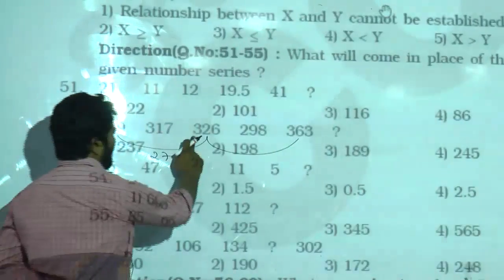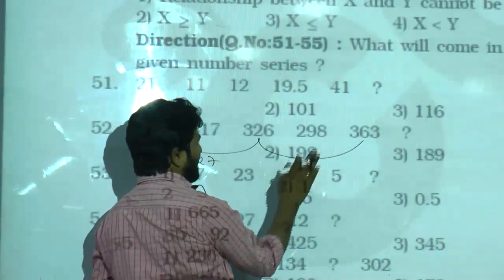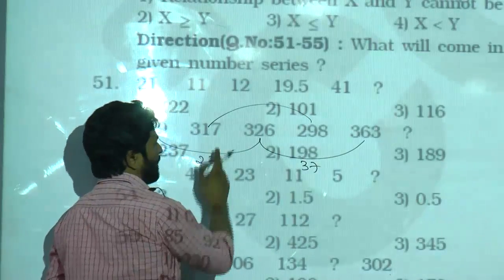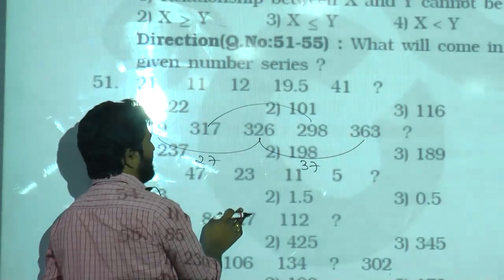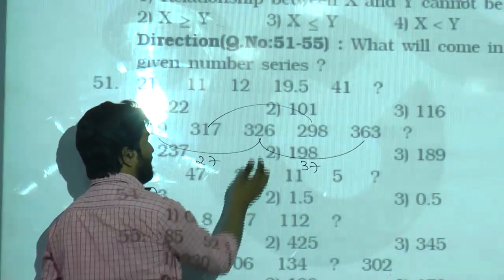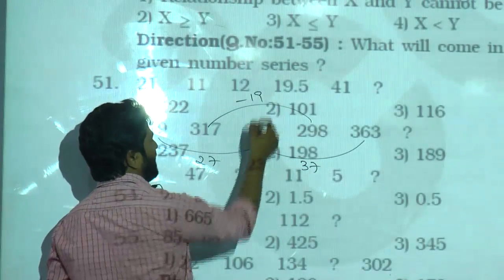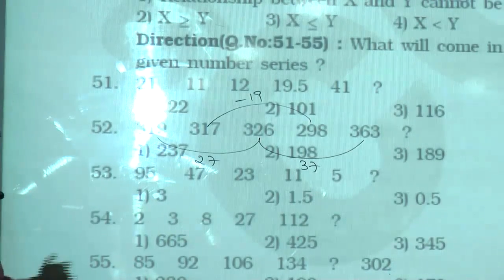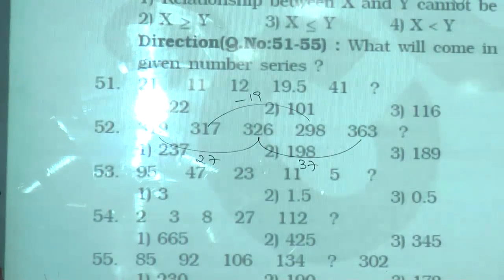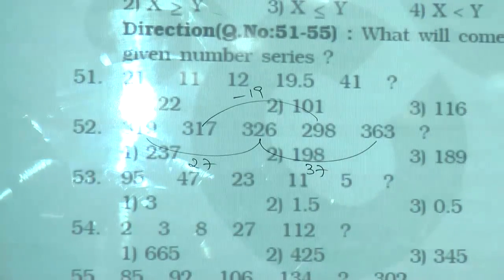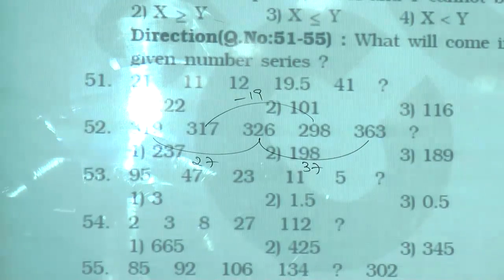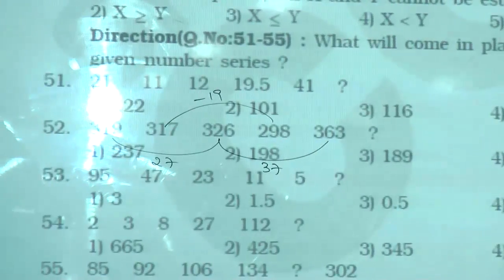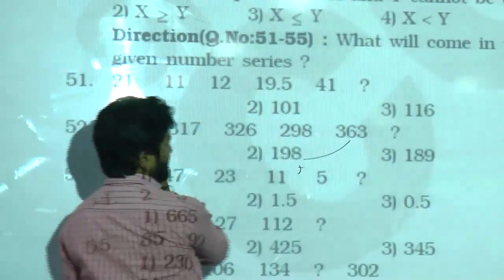How much is the difference? 30, 33, 37. How much is the difference here? 17 to 19. Minus 19 only, right? Next numbers. Minus 29 should be 30. 68, 69. Is 269 there? No. Need to change my logic.